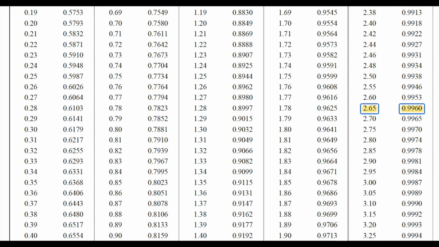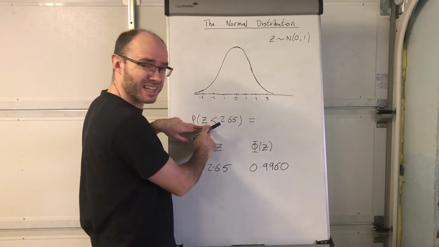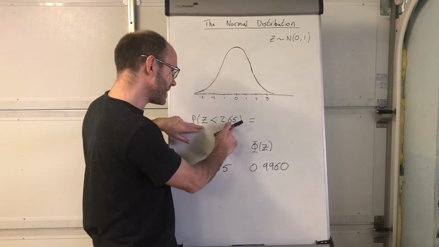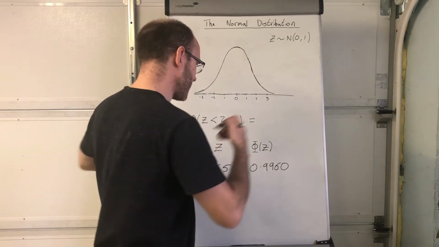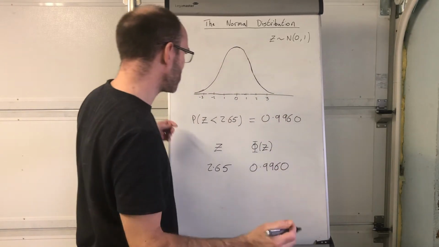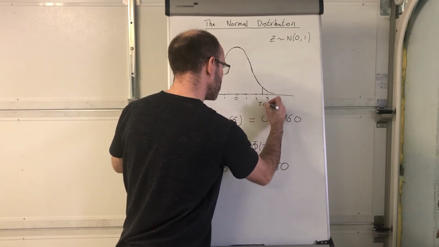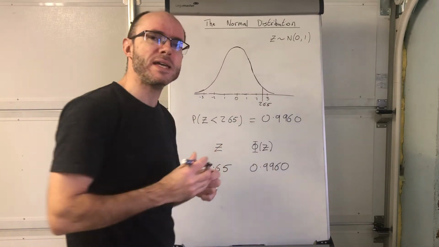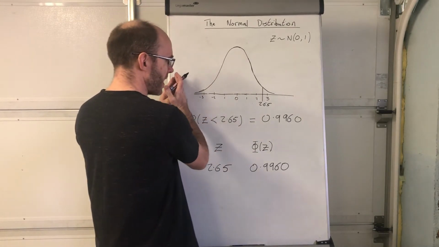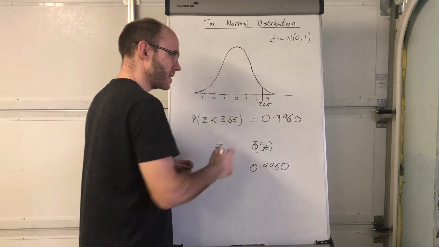So if I just come back to me again, what that tells us is that the probability of z is less than 2.65 is 0.9960. If I were just to estimate where that is, around about there, say, that's 2.65. What that means is the probability of a value up to 2.65 is 0.9960.